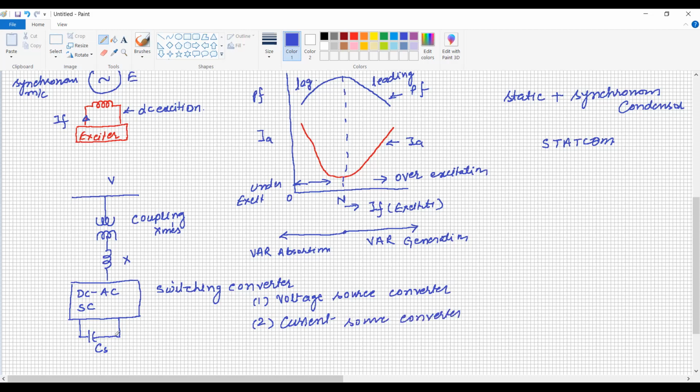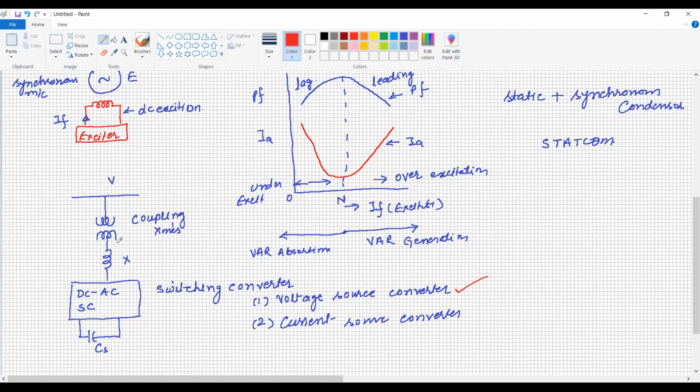In current source converters, external protection is needed when it is connected to the transmission line, whereas in the voltage source converter, since the system is connected with the voltage source converter, we do not require any additional protection devices. So in practice, voltage source converters are preferred. Whatever number of Statcoms have been installed, they use a voltage source converter. So we will discuss only the voltage source converter.